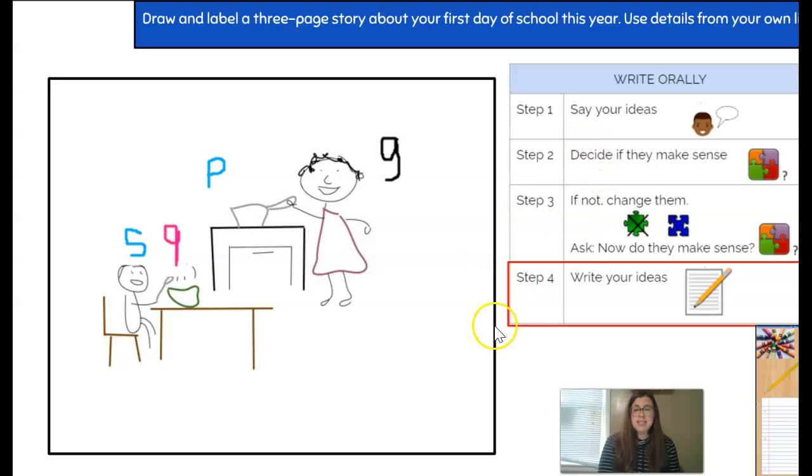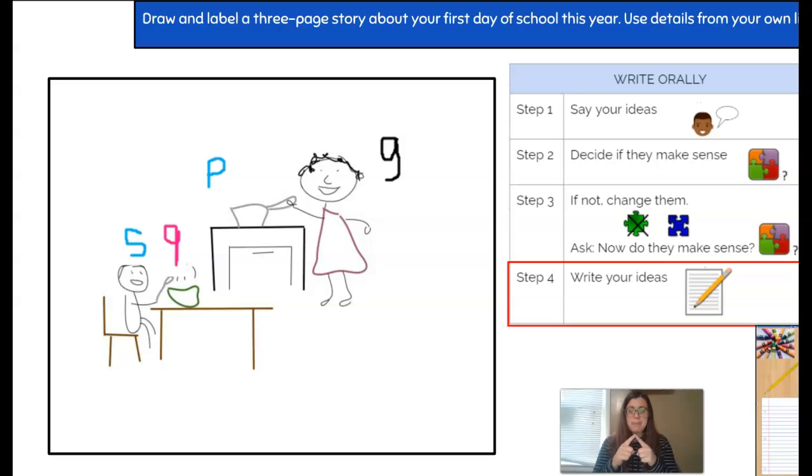I need to say my idea. Pot. Pot. I know what it begins with. I already did that work. Pot. I hear the P sound, and I know the P is the letter P. I need the ending sound.